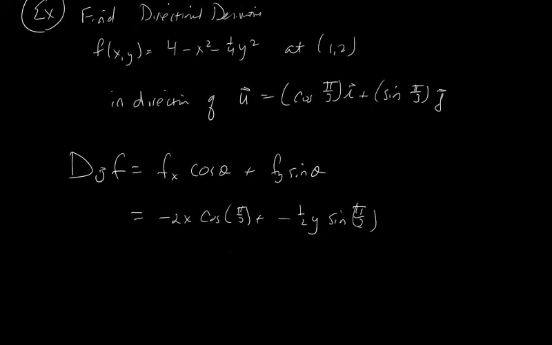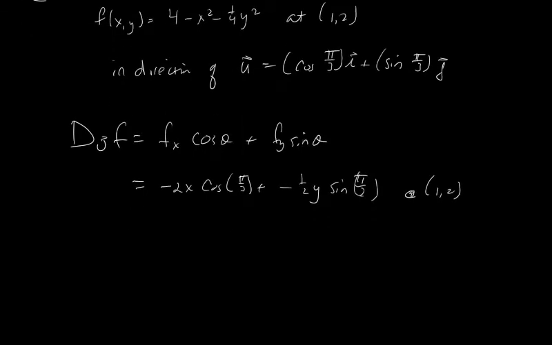And we're looking for this at the point (1, 2), so we plug in those values for x and y. We get negative 2 times cosine of pi over 3, which is 1/2, minus 1/2 times 2 times sine of pi over 3, which is root 3 over 2. So that's negative 1 minus root 3 over 2.